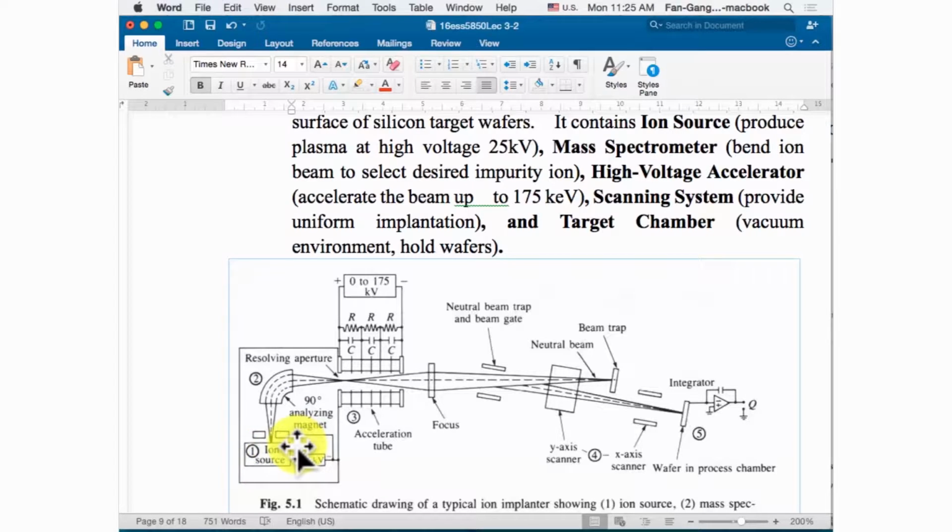After they become ions, the ions go through a mass spectrometer, which uses a magnetic field to bend those ions through a certain angle. In this case, we also filter out the ions that we don't want, the impurities we don't want. In a spectrometer, ions with different charge and different weight bend into different circles and appear at different tracks.